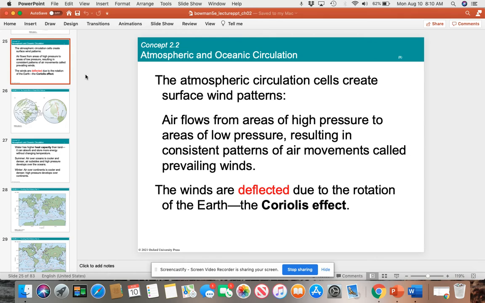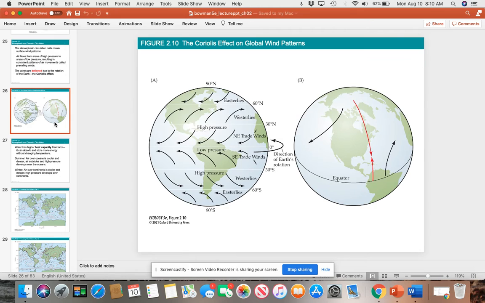Hence, winds in the northern and southern hemispheres are actually deflected. So, notice that winds in the northern hemisphere are deflected to the right, whereas in the southern hemisphere they are deflected to the left, so clockwise and anti-clockwise, respectively.